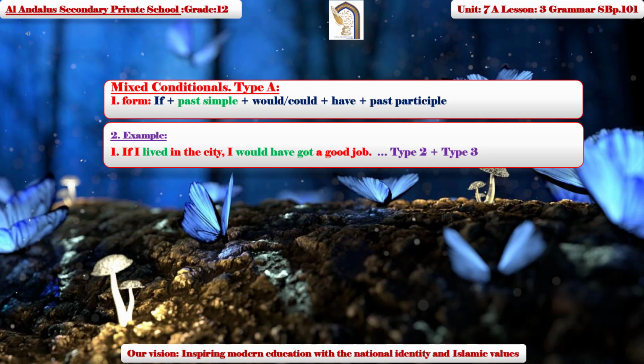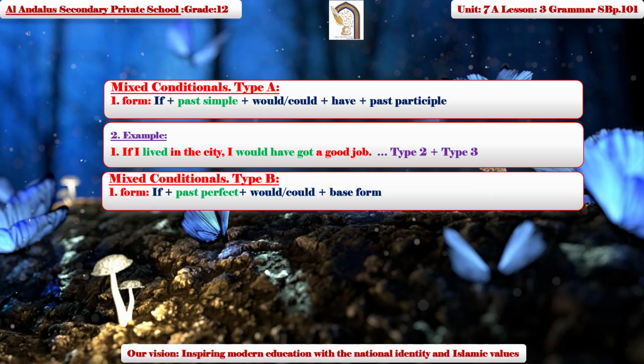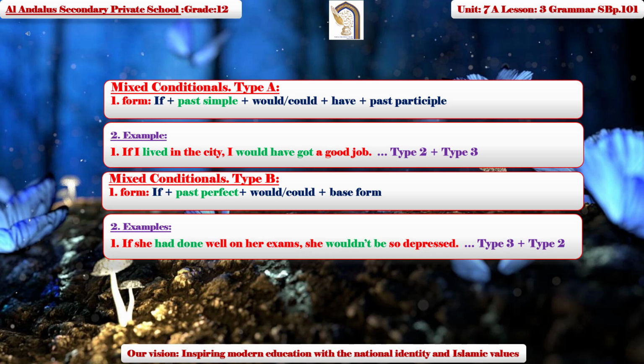The following type is mixed conditionals type B. The form is if plus past perfect plus would or could plus the base form. Look at this example. If she had done well on her exams, this means she didn't do well on her exams in the past. She wouldn't be so depressed.